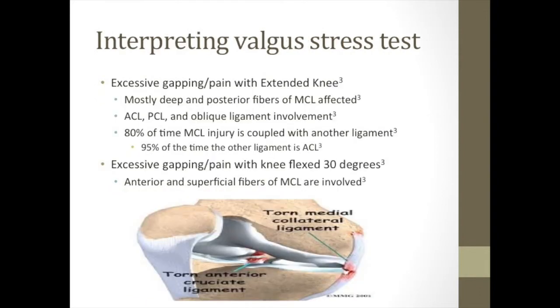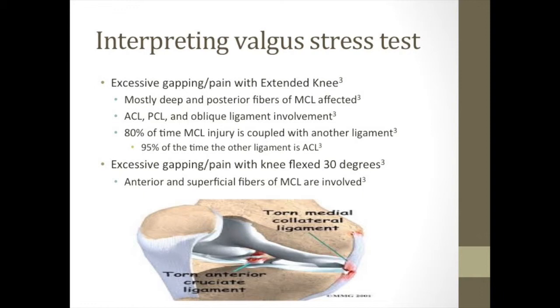Okay, so interpreting the valgus stress test. First, you want to look at the position when you do the test. If you have excessive gapping and pain with the knee extended, it's typically the deep and posterior fibers of the MCL that are affected.